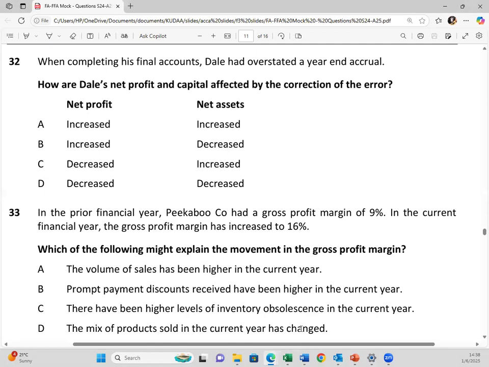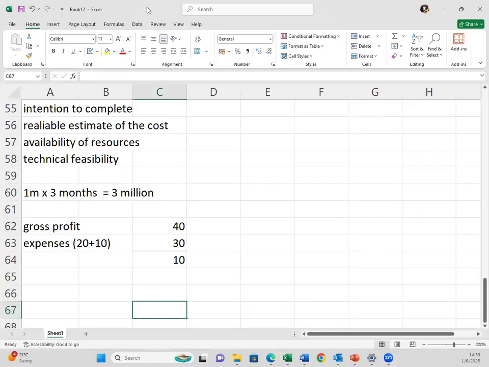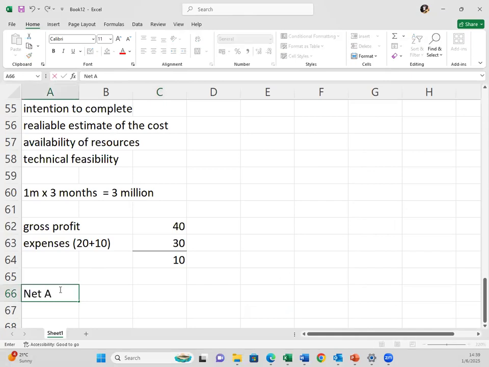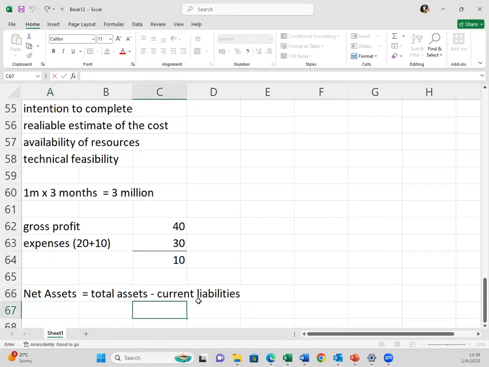So the net assets will also increase, because by reducing the liabilities, the net assets figure will be higher.